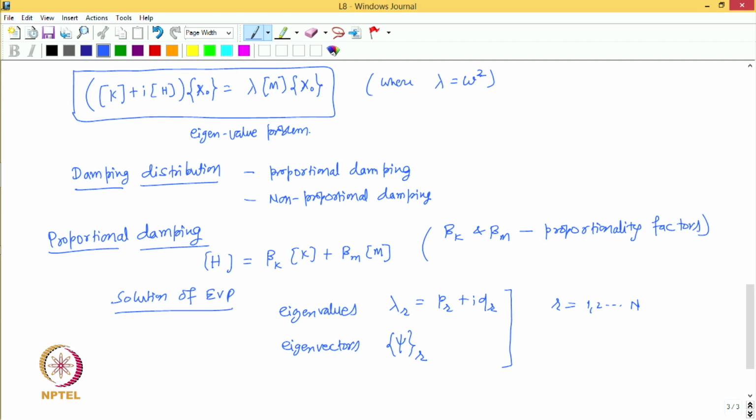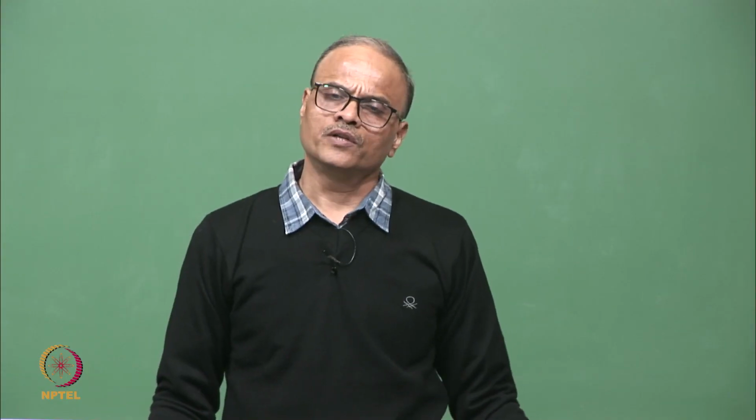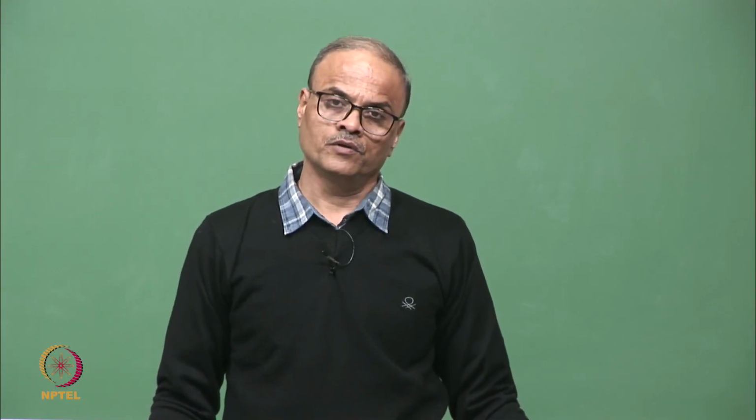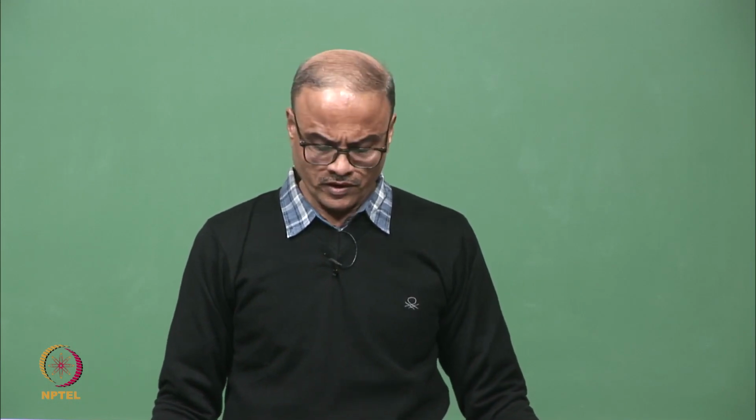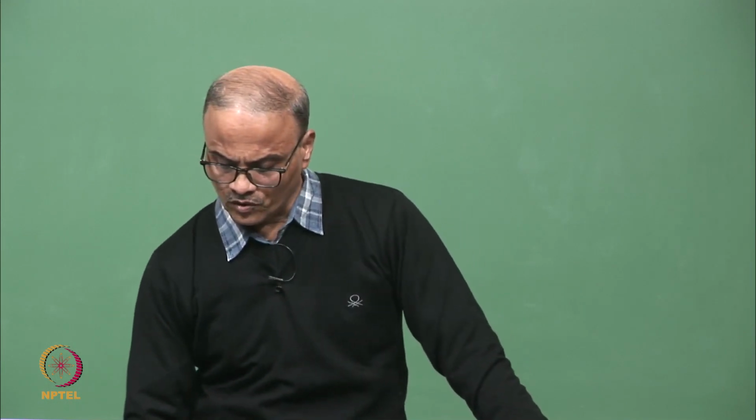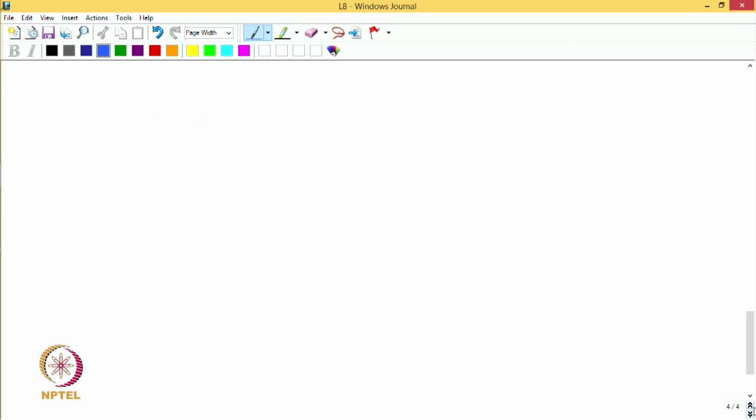Now, what are these p r, q r and psi r quantities? Do they have any relationship with the characteristics of the corresponding undamped model? So, before we answer that, let us first look at the orthogonality properties for this system.